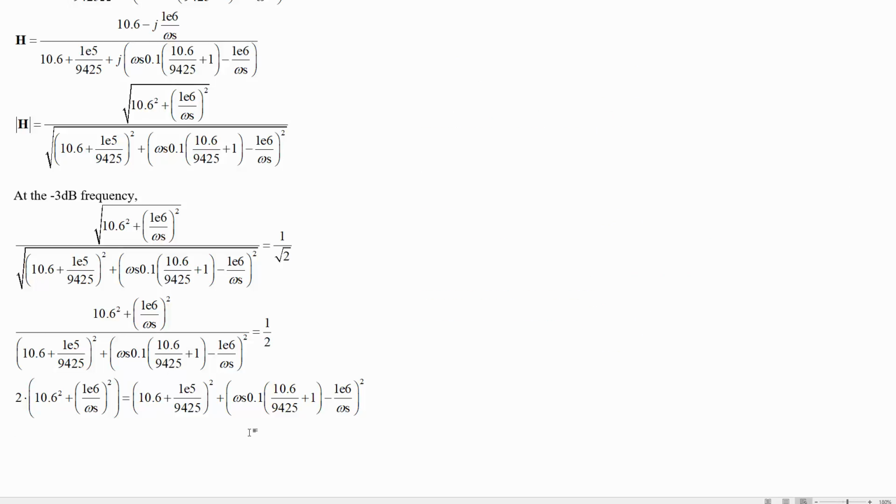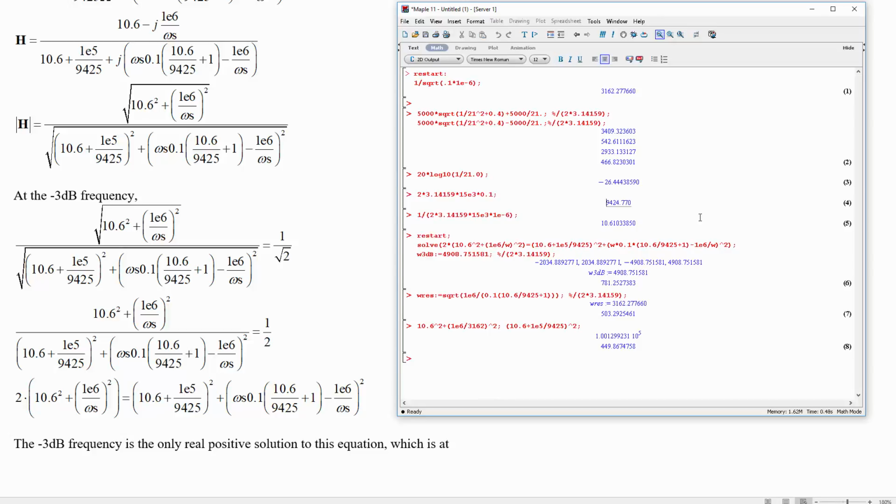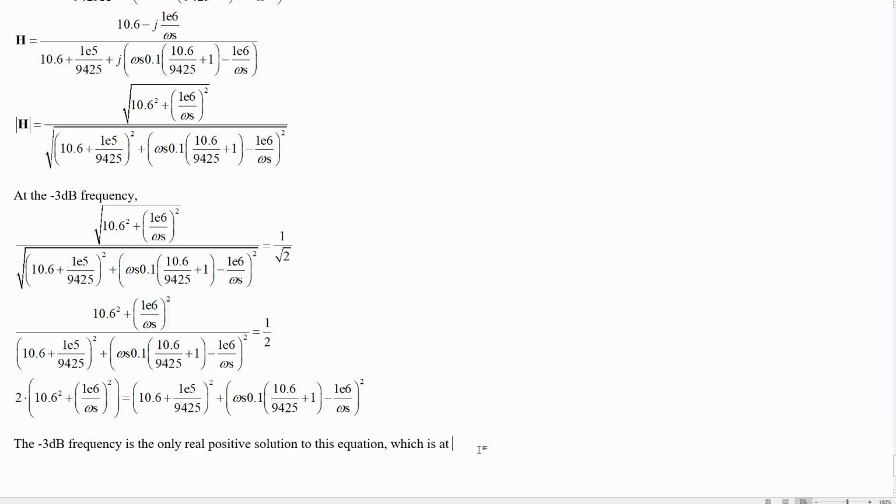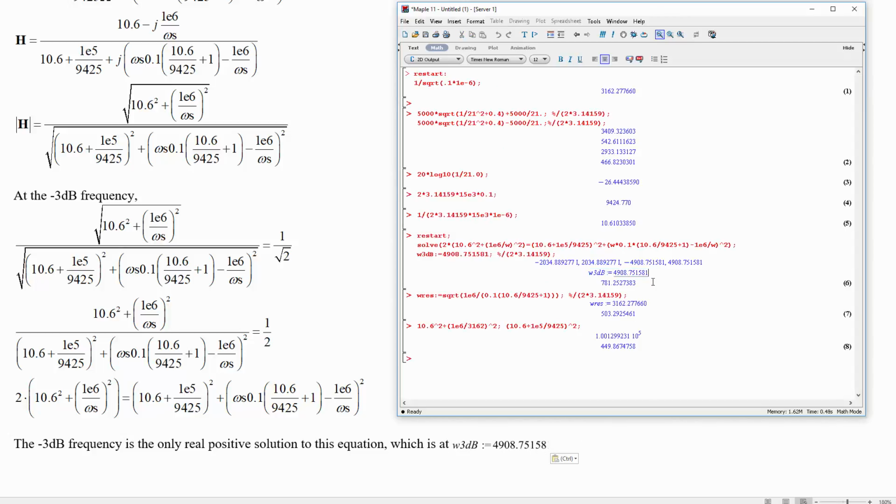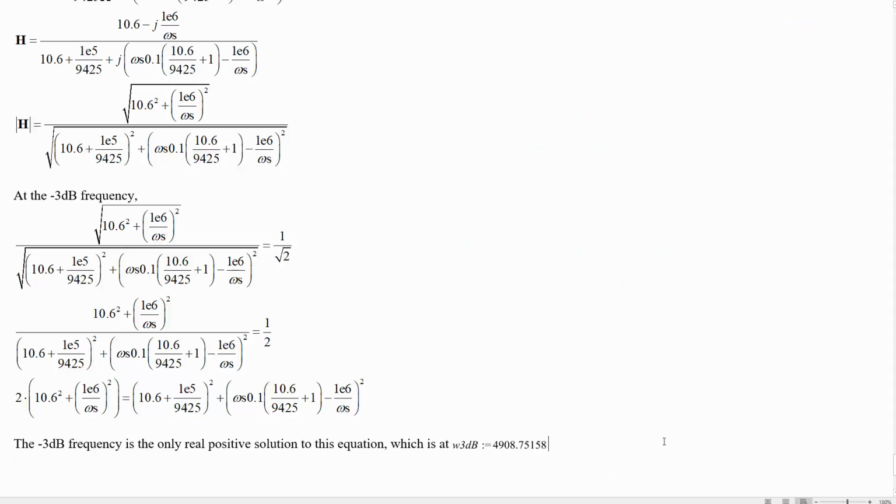So the minus 3 dB frequency is the only real positive solution to this equation, which is at, we found out just to summarize some earlier points, 4909, and that is F equals 781 hertz.